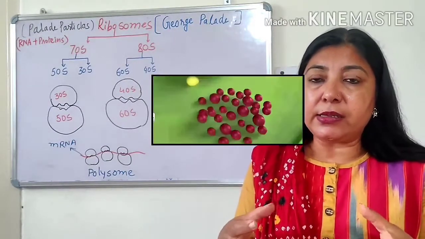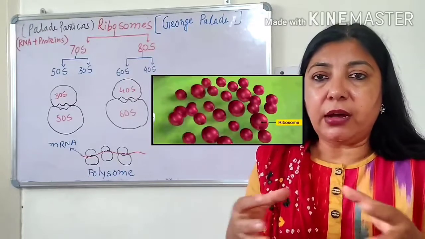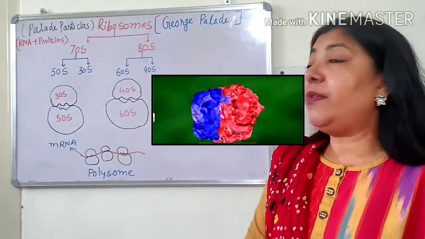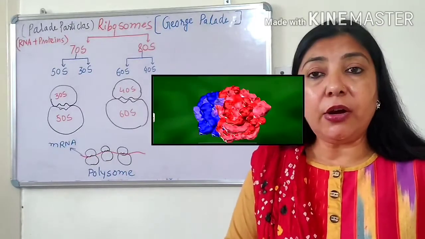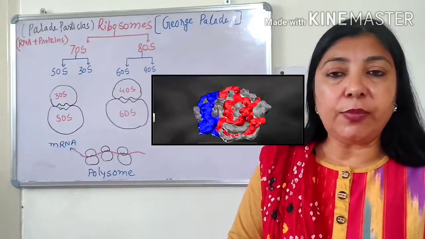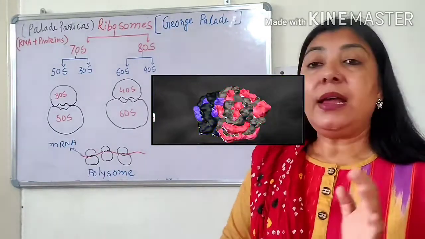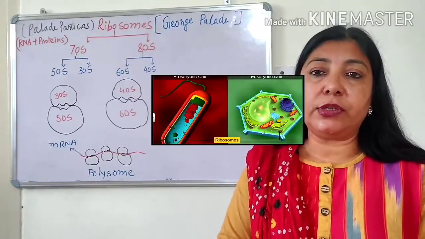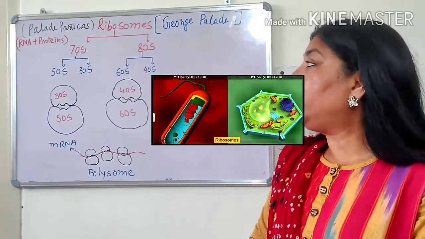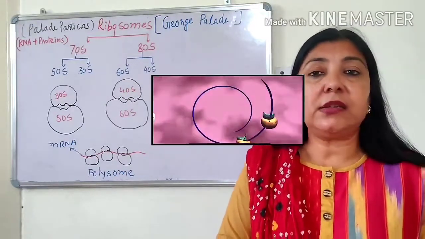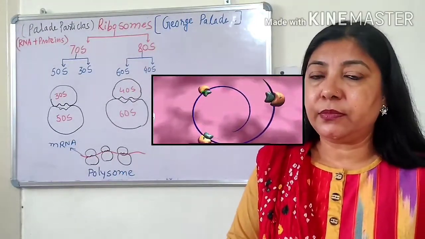These subparticles, they combine together to form a 70S ribosome. Whereas in eukaryotes, mainly in the cytoplasm, they are 80S type of ribosomes, which are made up of 2 subunits, which are 60S and 40S.